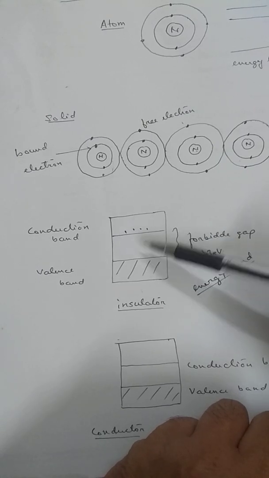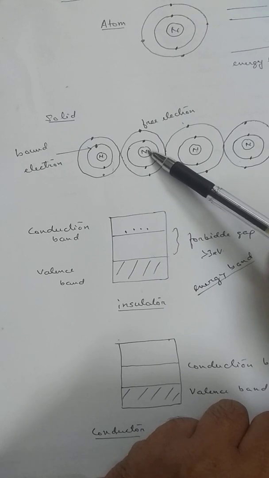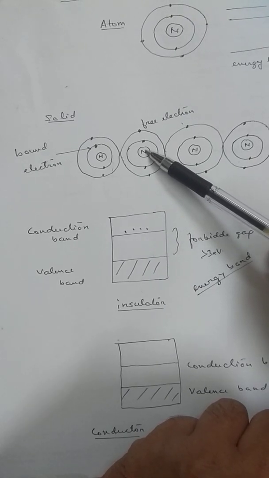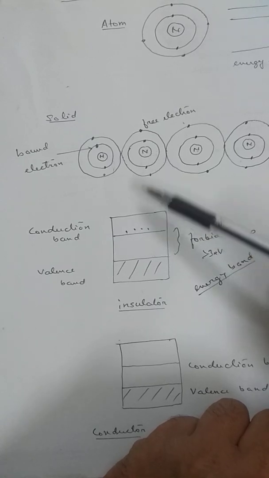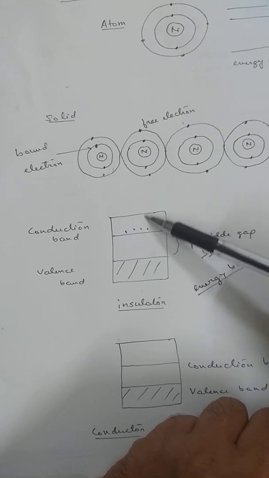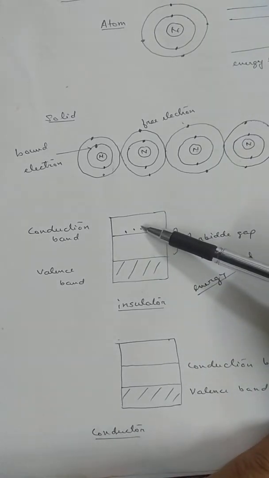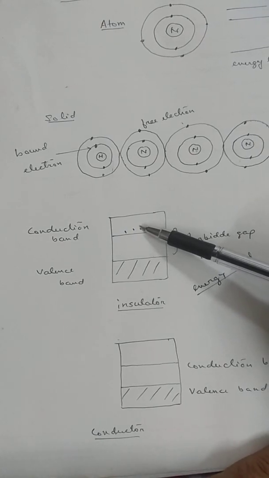Insulators also have electrons, but these electrons are bound to move around the nucleus of the respective atom. They are not free. All these electrons are in the valence band. Therefore, there is no electron in the conduction band, hence conduction is not possible in an insulator.